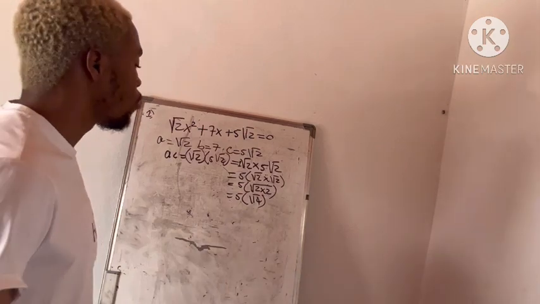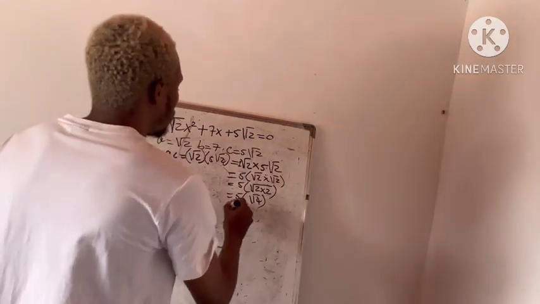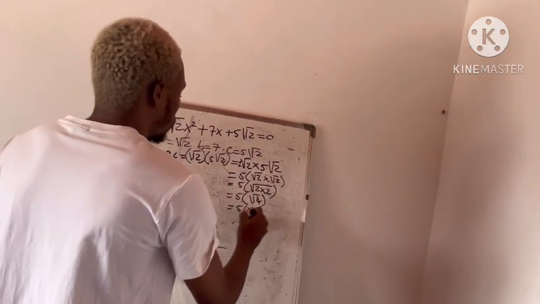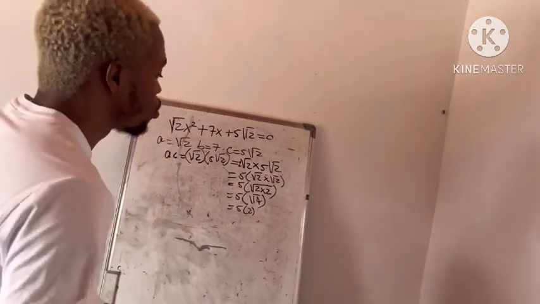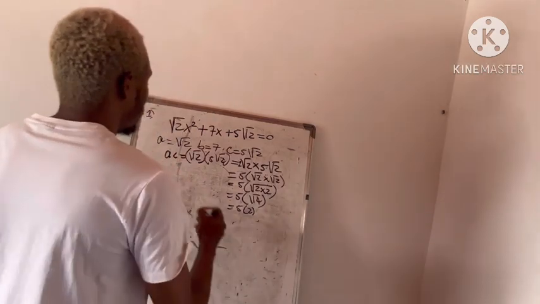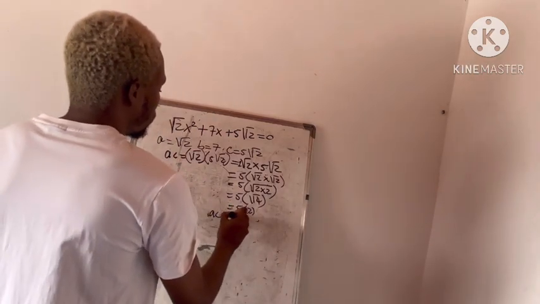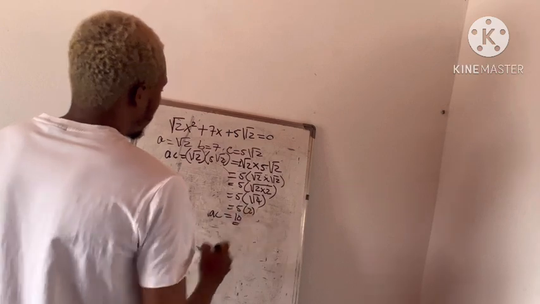And what's the square root of 4? The square root of 4 is 2. So from here, you can then say AC is equal to 10.